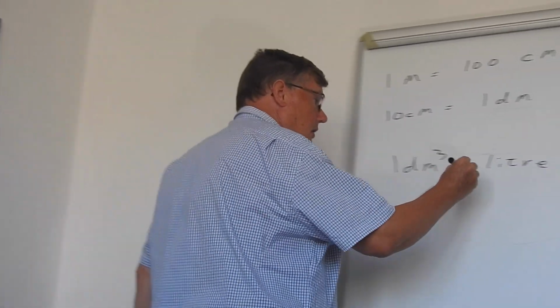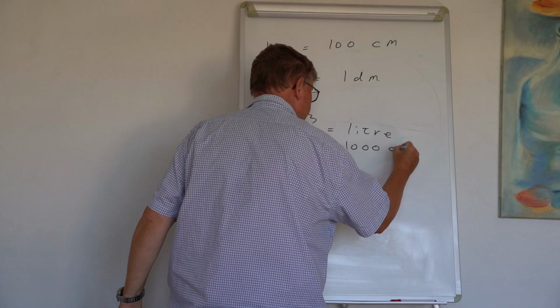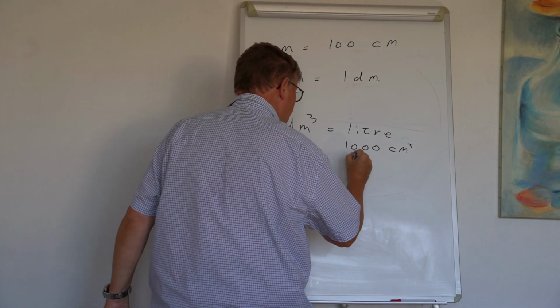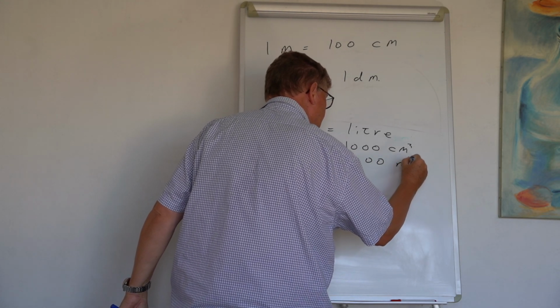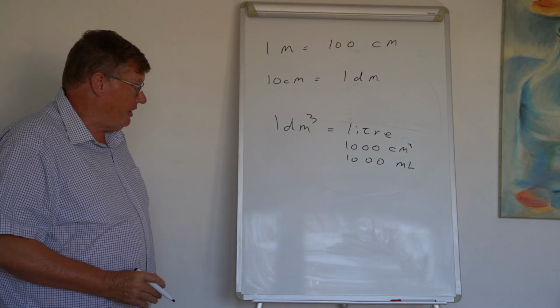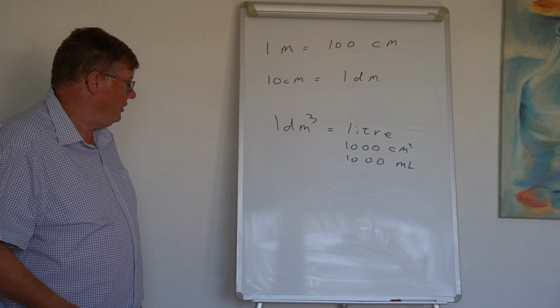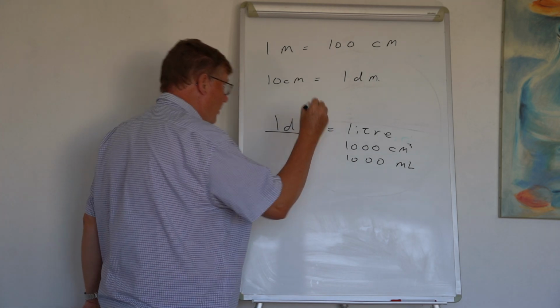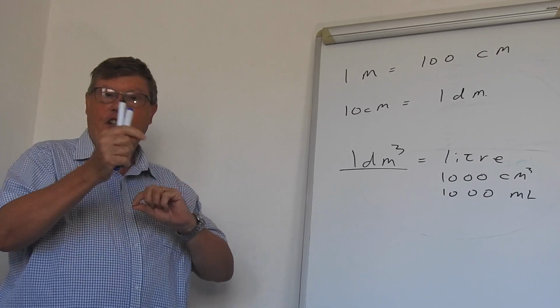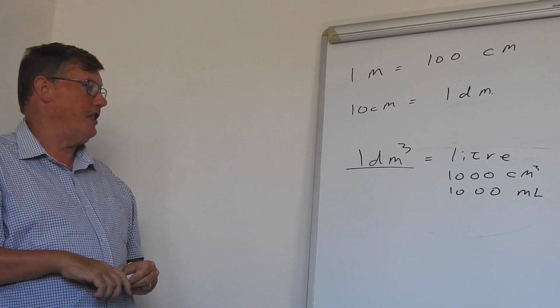It's also 1,000 centimeters cubed. It's also 1,000 millilitres. So 1,000 millilitres is the same as a litre, which is the same as 1,000 centimeters cubed, which is the same as dm cubed. And they all go back to being a box, 10 centimeters by 10 centimeters by 10 centimeters.